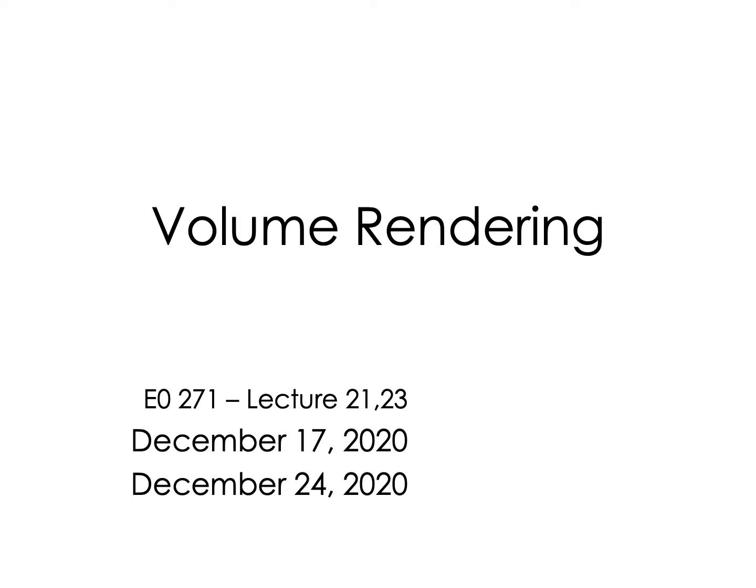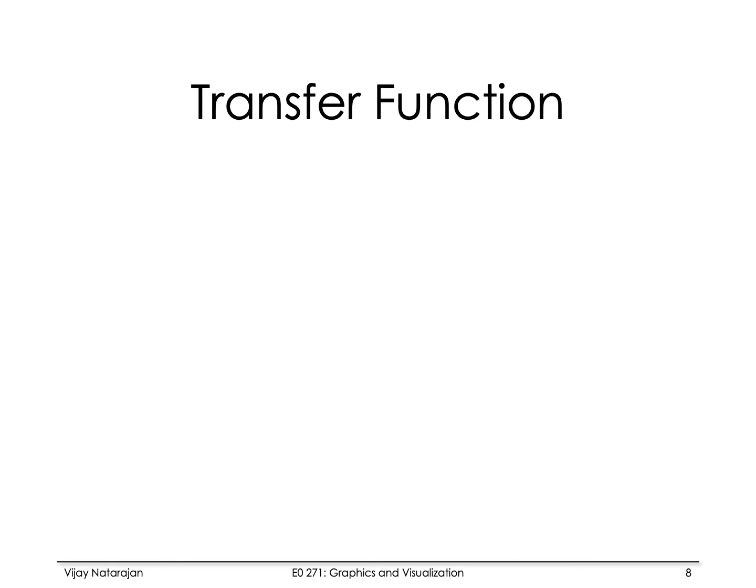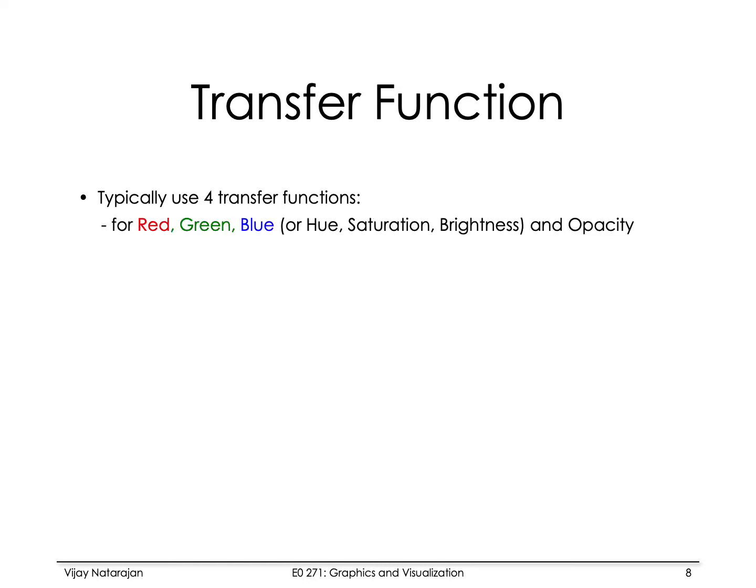In this second part of the lecture on volume rendering, we will discuss transfer functions. Recall that a transfer function consists of four one-dimensional functions which are defined over the scalar values.